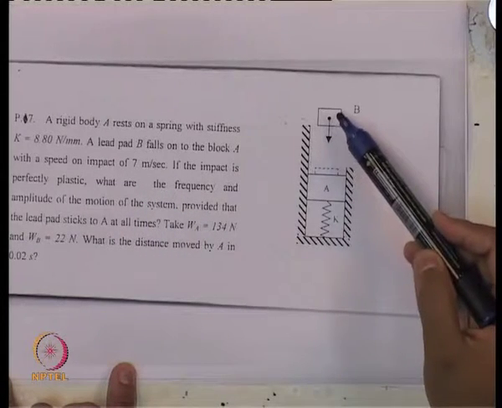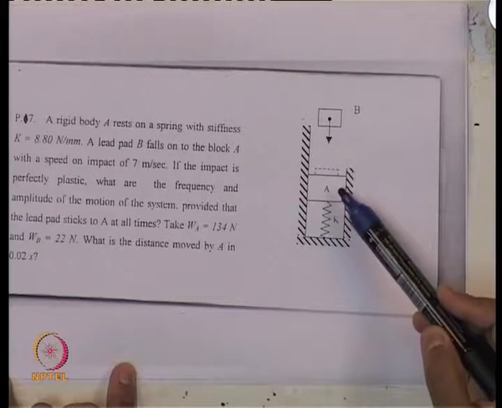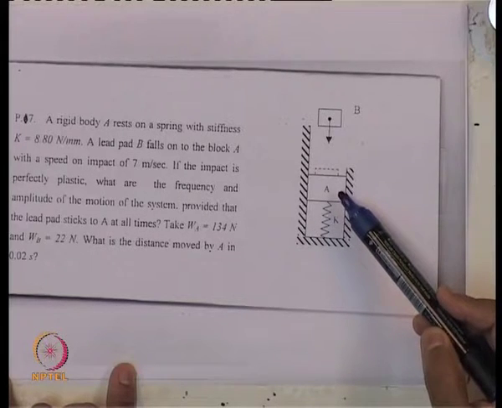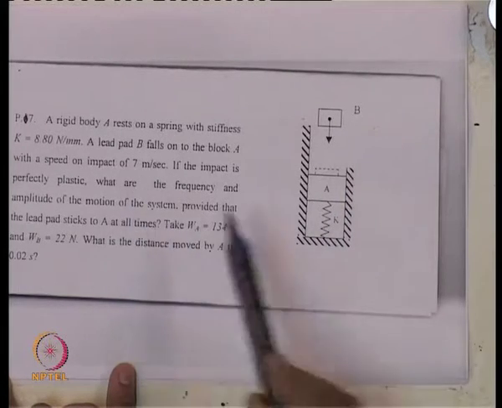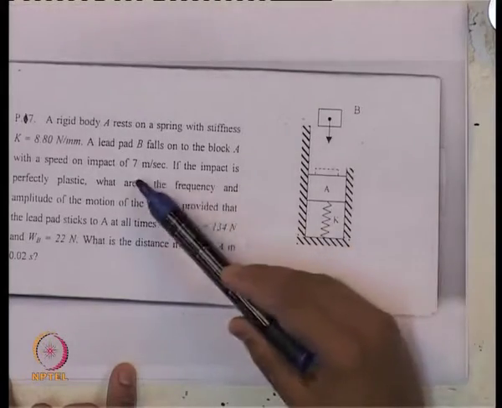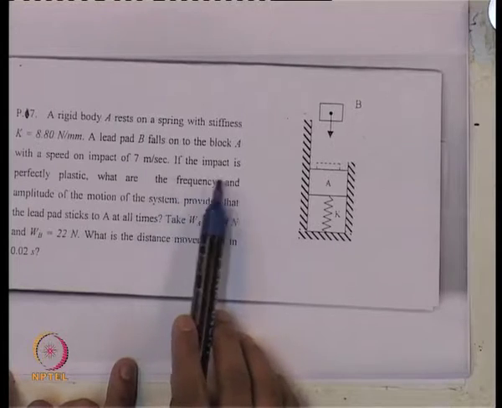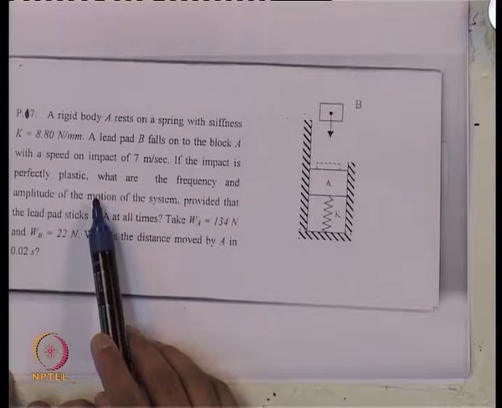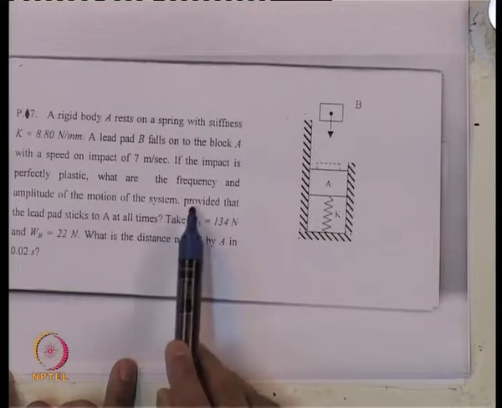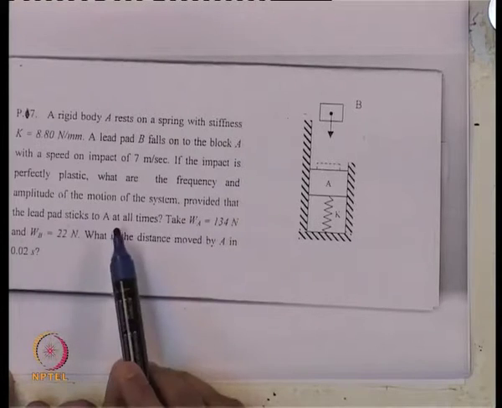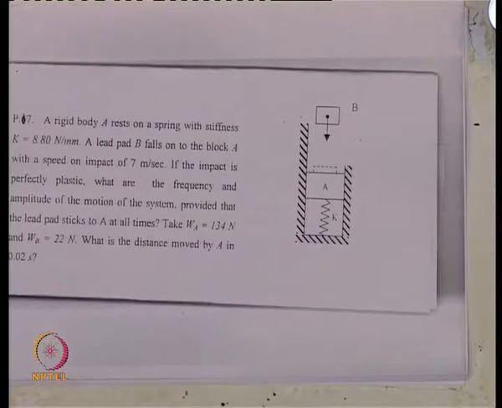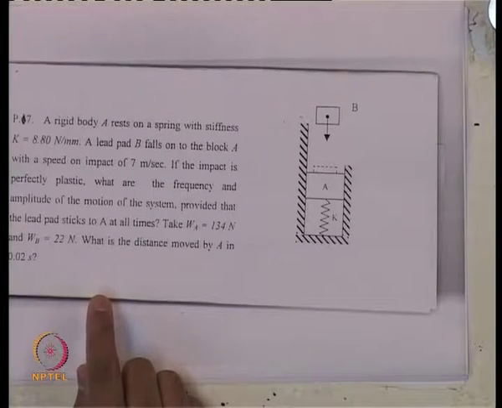So, this lead pad is falling on the rigid body A with an impact velocity of 7 meter per second. If the impact is perfectly plastic, what are the frequency and amplitude of motion of the system, provided that the lead pad sticks to A at all times?